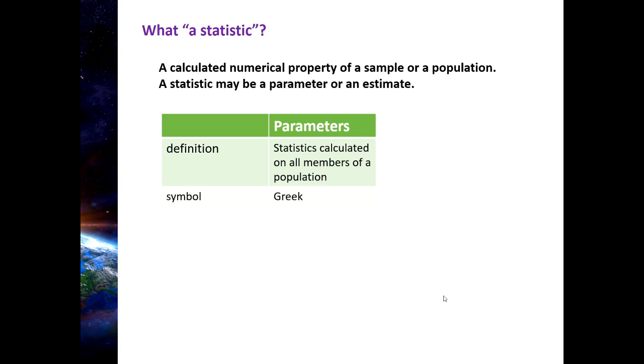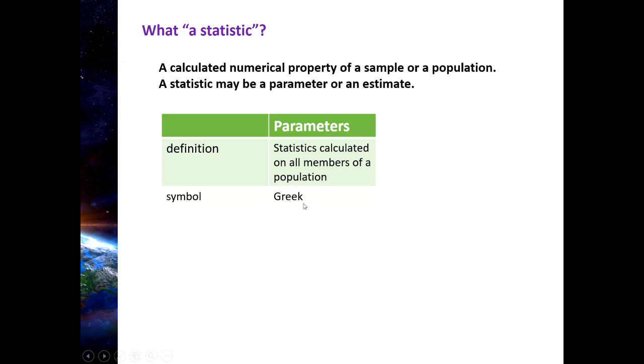Sorry, that was bad. But anyway, if I were to calculate the mean age of every single SUU student enrolled in at least one class fall 2020, then that would be the population. And any statistic I calculate using all those numbers would be called parameters, okay?